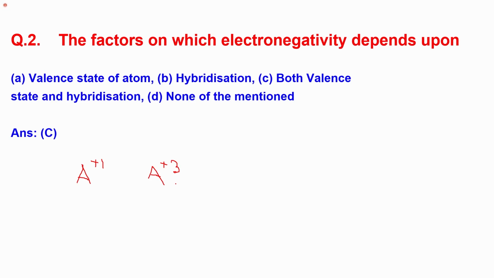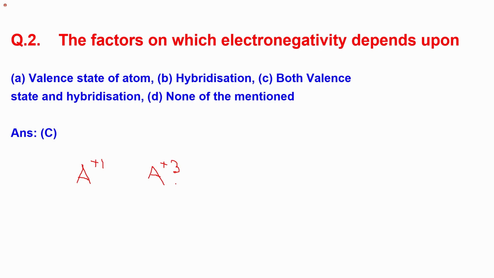So obviously when something has more electron deficiency, that atom has a tendency to take an electron from somewhere, which can give easily. So that's why the A plus 3, with the higher oxidation state, has more electronegativity compared to the atom with a +1 oxidation state.